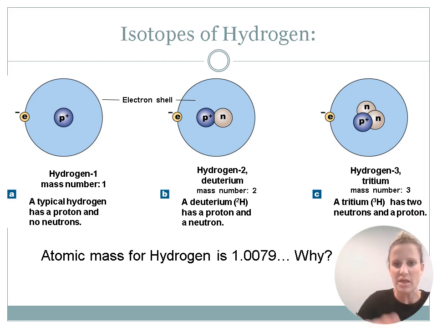If we want them to be neutral, that means we want the charge to be 0, so protons must equal electrons. In this basic state, this hydrogen has 1 proton, which is positive. That means it must also have 1 electron, which is negative. So this little e that you see out here with the negative is the electron floating around in the electron cloud. The positive proton and the negative electron cancel each other out so that it's neutral.